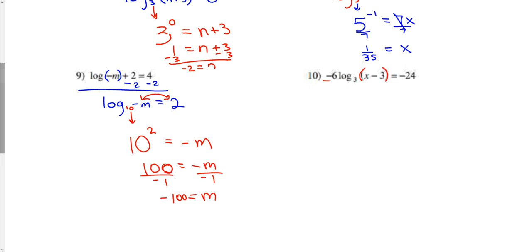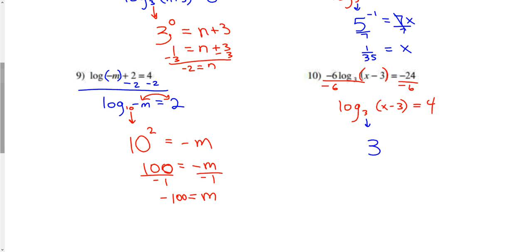So this problem, again, got negative 6. So we have log base 3 of x minus 3 equals 4. So I have a single log on one side and it's all by itself, so I can convert it to the other form.